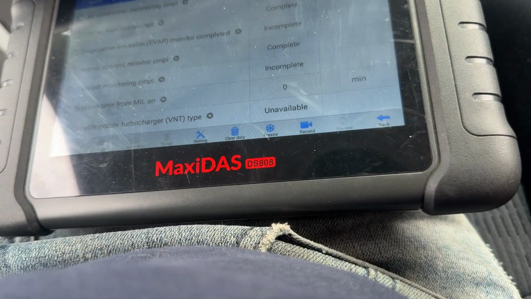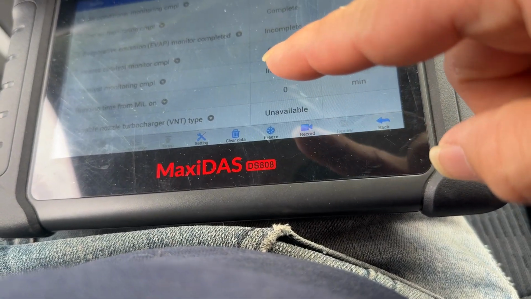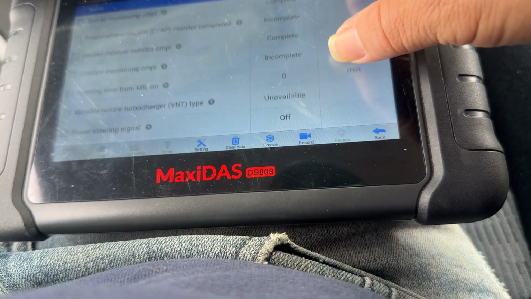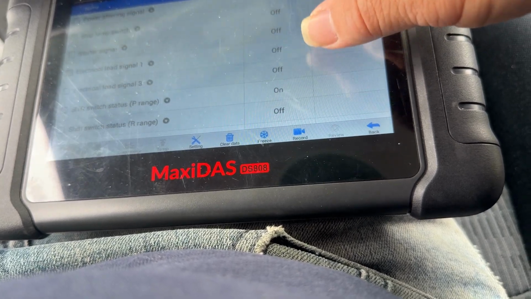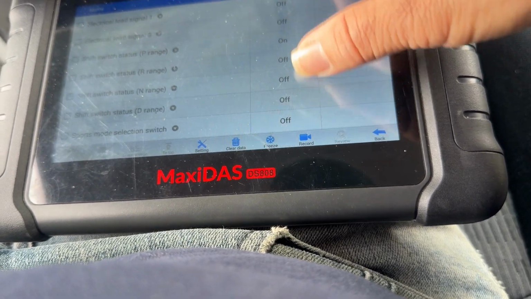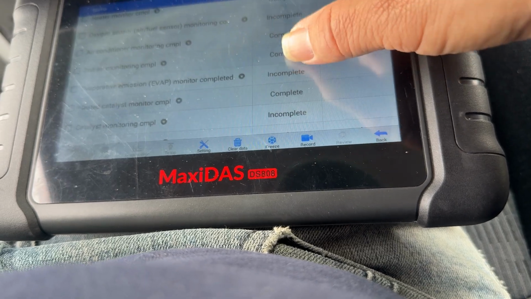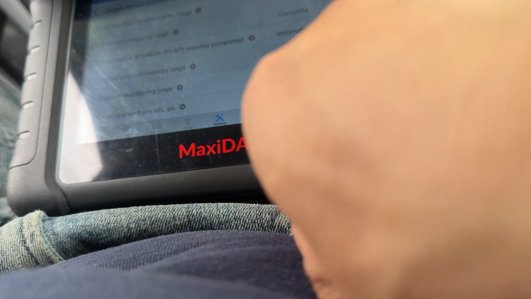Catalyst monitor complete. Heated catalyst is complete. Catalyst monitoring incomplete. So this is what I don't get though. You see it says air conditioner monitor complete, heated catalyst complete, but the catalyst monitor says incomplete.